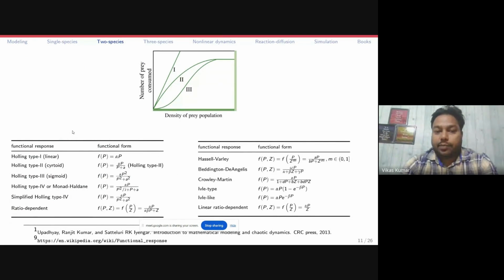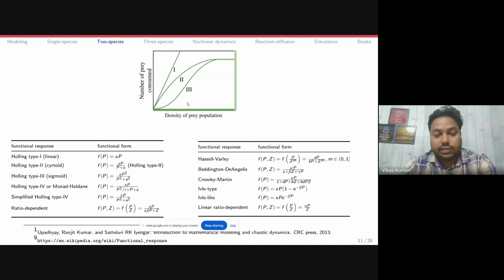So in this diagram, I have shown some functional responses which are famous in this biological phenomena, like the Holling type 1 functional response, which behaves like a linear one. You can see in this diagram. Basically, it shows the number of prey consumed versus the density of the prey population, the relation between them. And the Holling type 2 functional response, which behaves like a sigmoid.